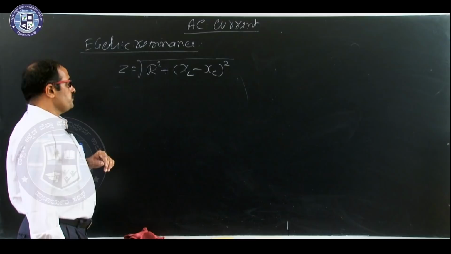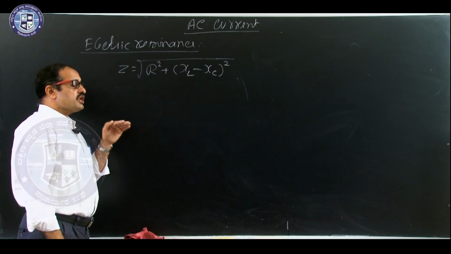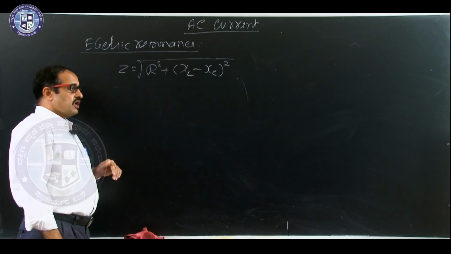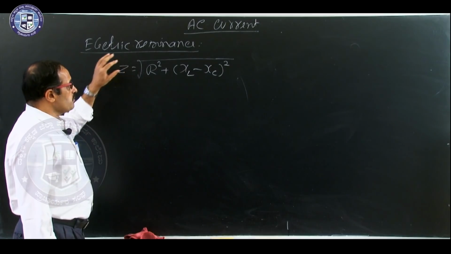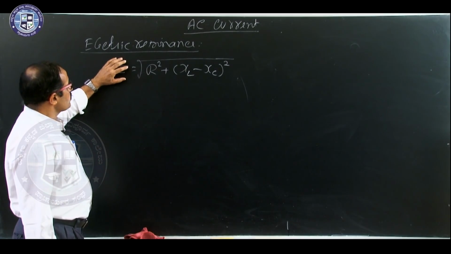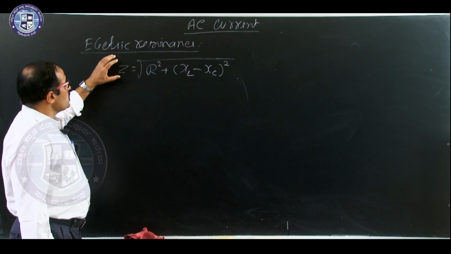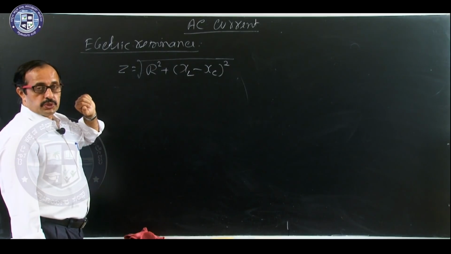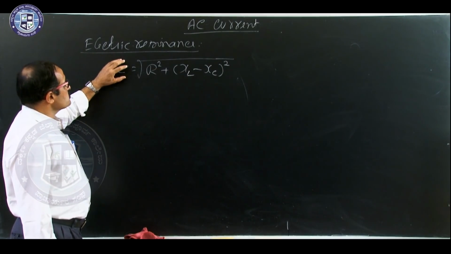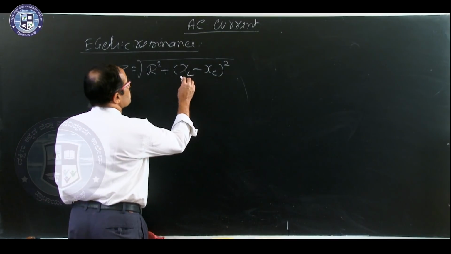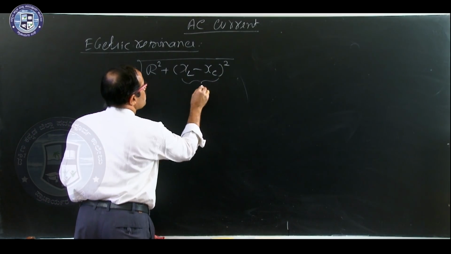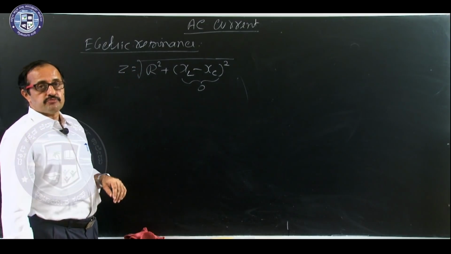Now, look here. For the given LCR circuit, I want to make impedance minimum. I want to make Z minimum. Under what condition does Z become a minimum? That is the question. Z becomes a minimum only when this second term is 0. Reactance term must be 0.